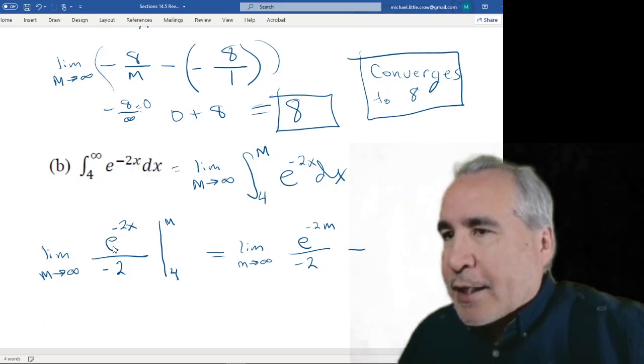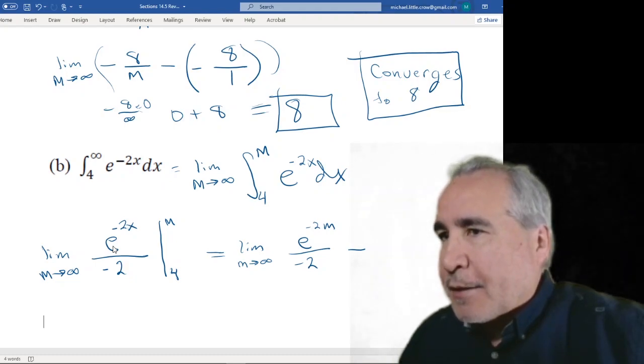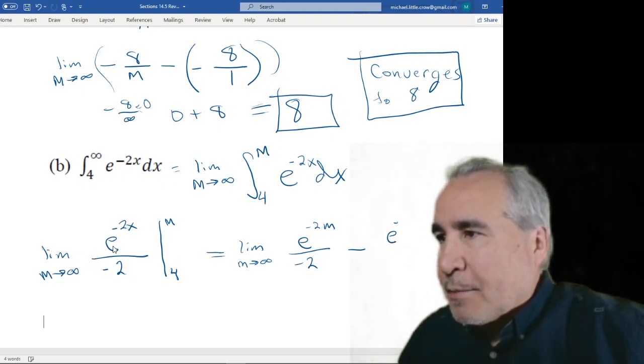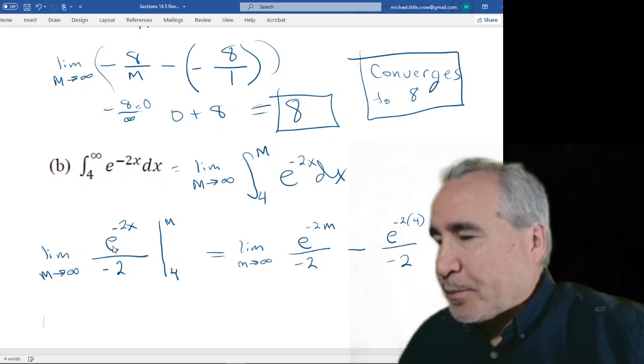And then we subtract the function with the lower limit put in there. E to the minus 2 times 4 over negative 2.